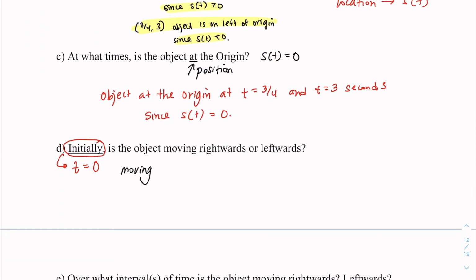Since velocity was negative, we are moving leftward at t equals 0, since v of 0 was negative. Or we could say we're moving leftward initially, since v of 0 was less than 0.